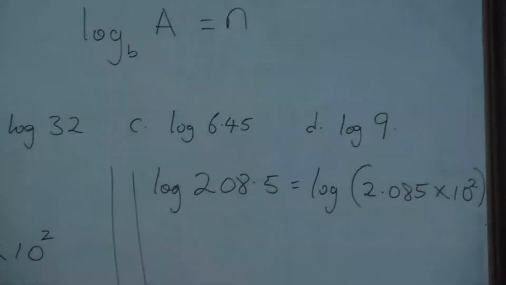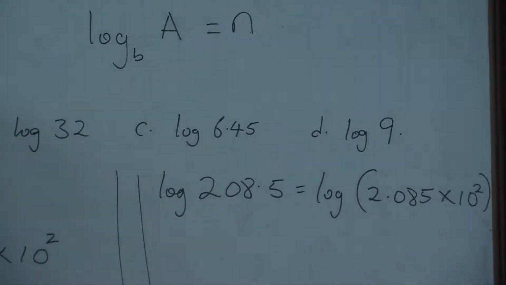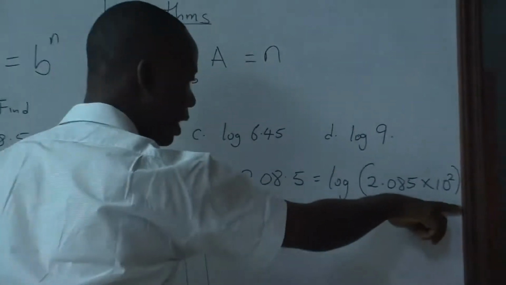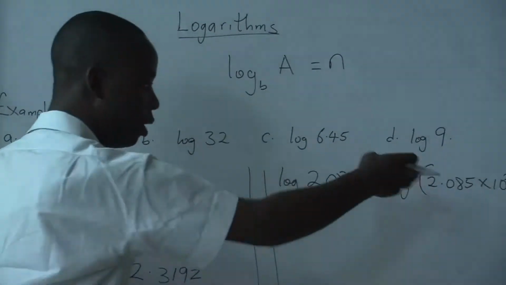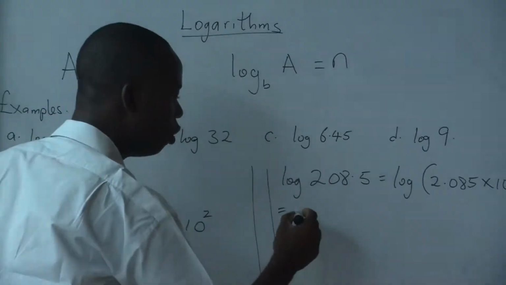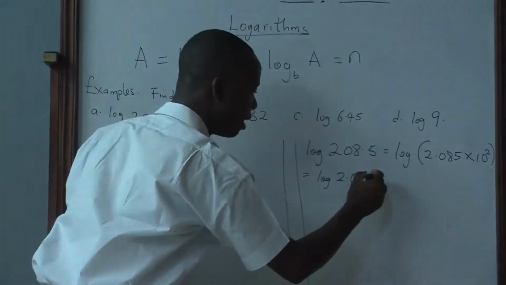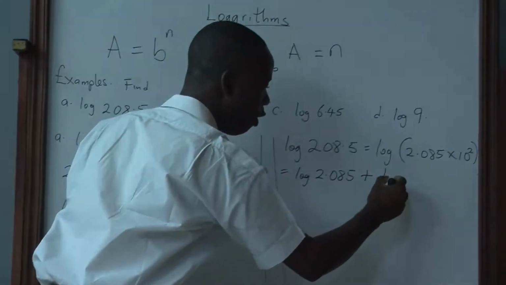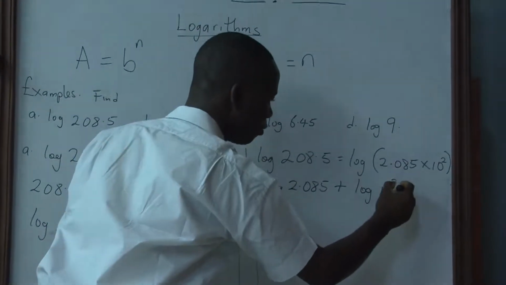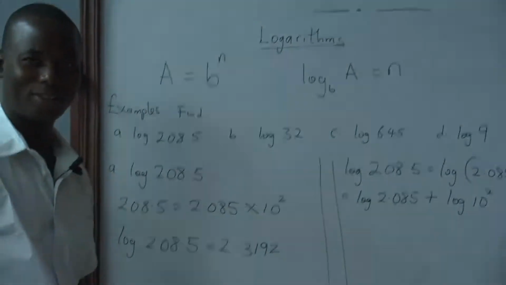According to those things that we have studied earlier, the law of logarithm, if we have a situation like this, this will equal log 2.085 plus log 10 raised to the power of 2. Is that clear? Do you understand that?